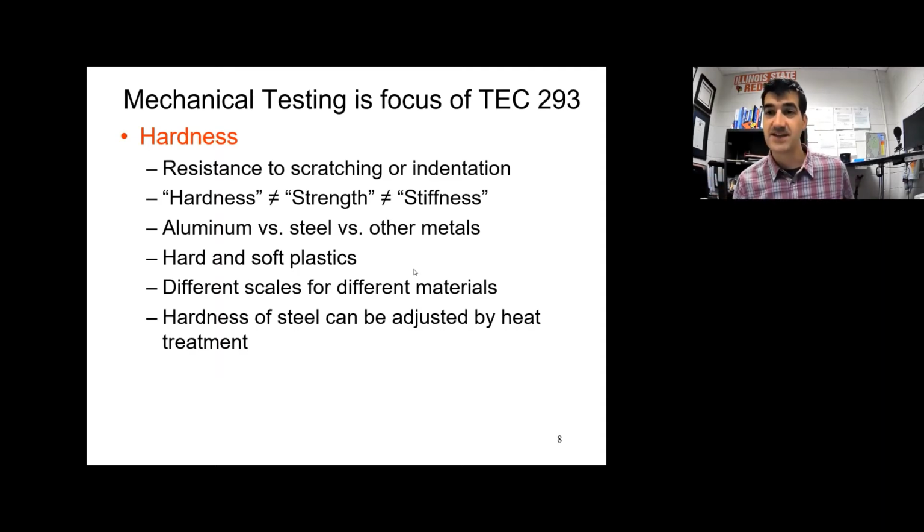We don't call it baking, obviously, but we can heat treat it. If we're careful about how long we treat it and at what temperature, then we can control the properties, including hardness and others, by heat treatment of those metals. Not just steel, but most metals we can heat treat.